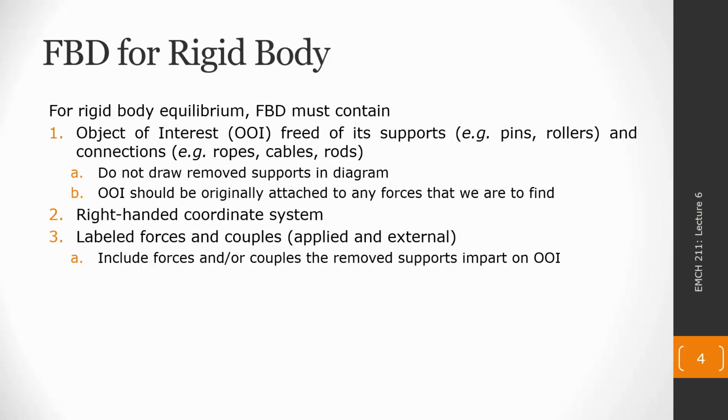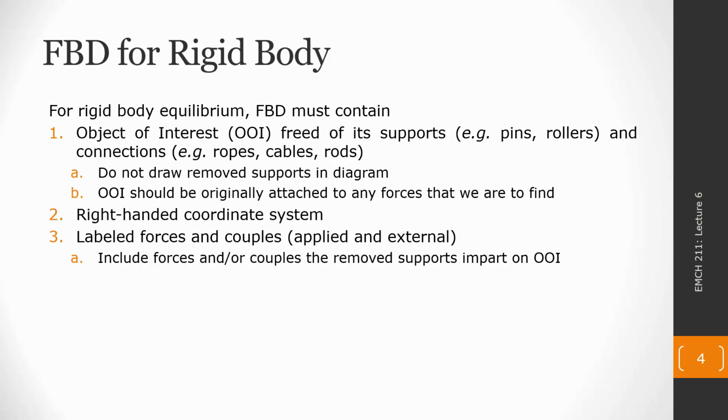The two options for displaying couples is going to depend on how complex your picture is. You really want to be clear about which axis a couple or a moment is acting. Sometimes that's easier with the double-headed arrow, sometimes that's easier with the curved arrow.